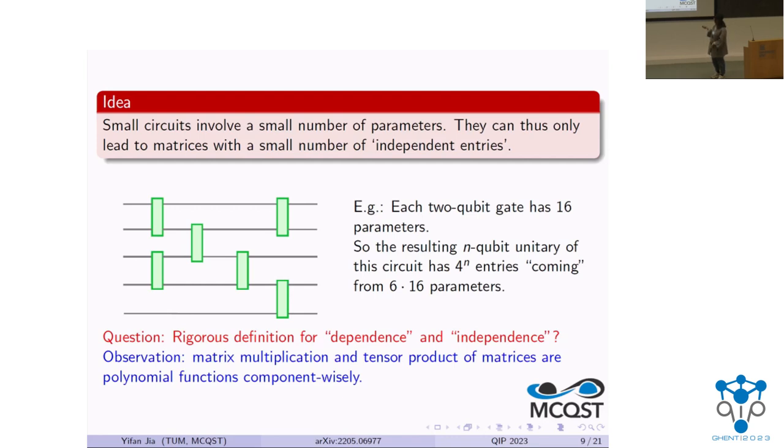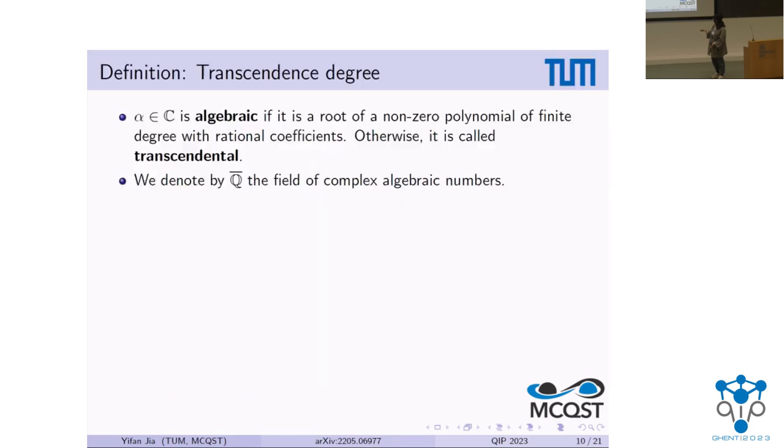And for that, we come up with the idea of defining transcendence degree, which sounds a little bit horrible at the very beginning, but actually not so horrible. Let me first define the algebraic number. An algebraic number is a complex number which is a root of a non-zero polynomial of finite degree with rational coefficients. Otherwise, we call it a transcendental number.